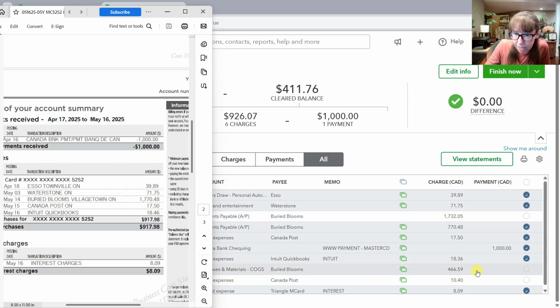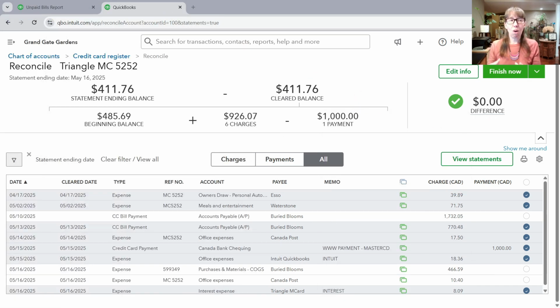Is the 466.59 on here? No, it's not. So you can see that if your credit card statement isn't reconciling right away, don't fear. It's common that credit card feeds are a day off from what is actually at the end of the credit card statement. So now that we have a 0, we feel done, right?